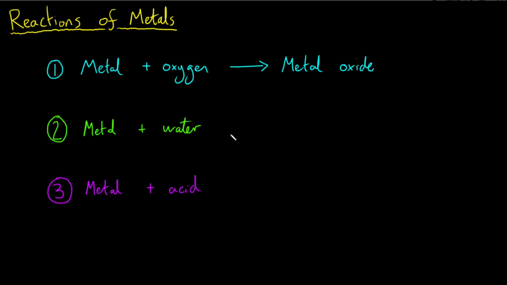Next one, we have got a metal and water, and here we will produce a metal hydroxide plus hydrogen gas. So two products in this reaction. If I take a metal, place it in water, I'll produce a metal hydroxide and hydrogen gas.